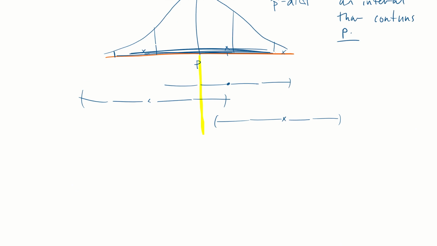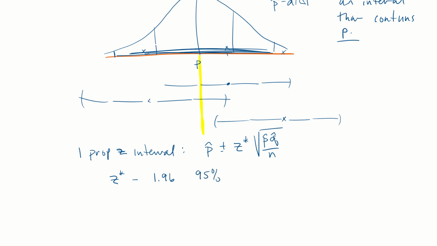So a 1 proportion Z interval we'll call P hat plus or minus Z star square root of P hat Q hat over n, where Z star is what we call the critical value, and that's equal to 1.96 for a 95% interval.